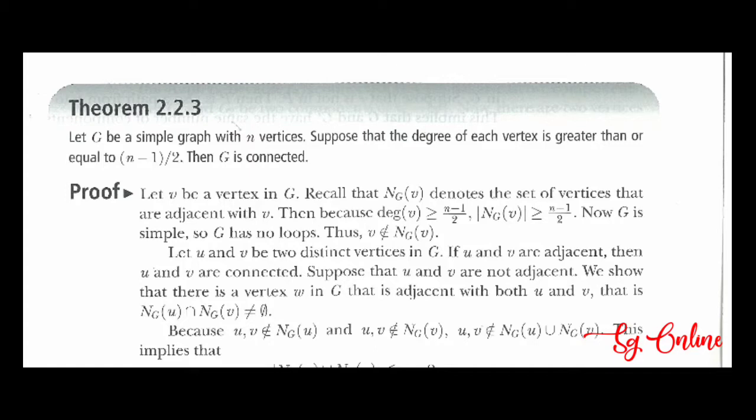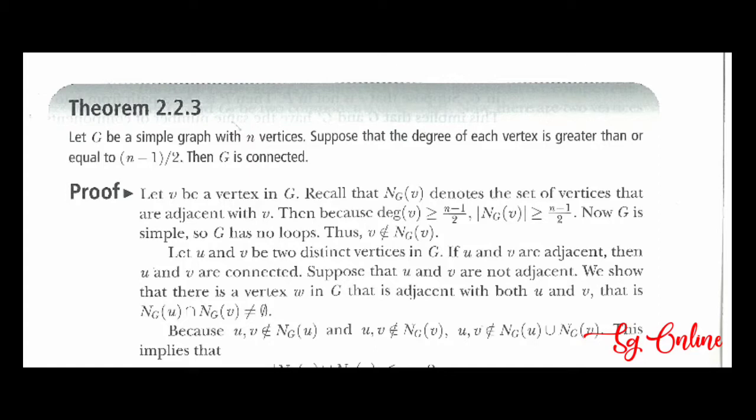Now this theorem says that if a simple graph has n vertices and the degree of each vertex is greater than or equal to (n minus 1) by 2, then the whole graph is connected. And this is a very interesting proof. It basically uses some elements of simple set theory.